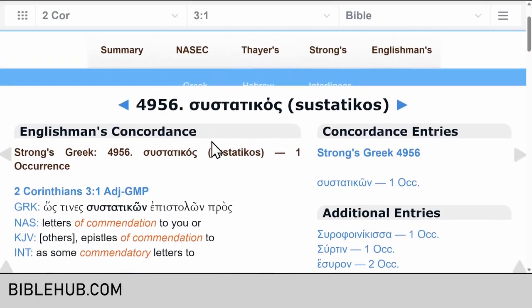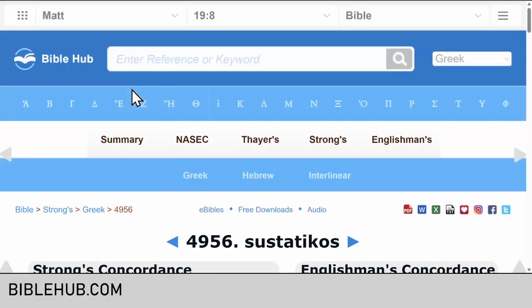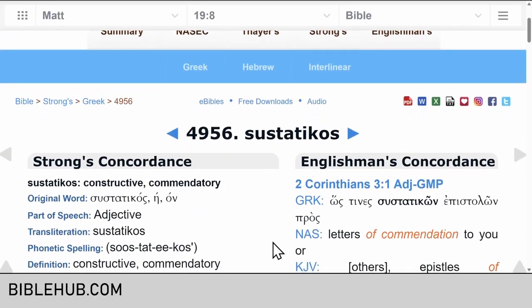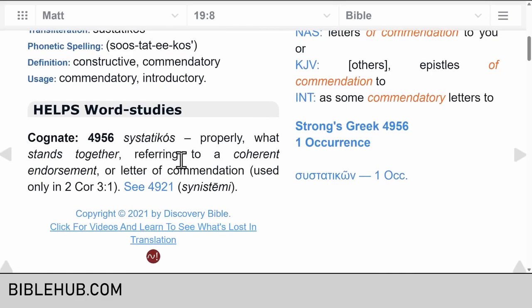So this letter of commendation, and we can click on summary again, and we can see properly what stands together, referring to a coherent endorsement or letter of commendation used only in 2 Corinthians 3:1.